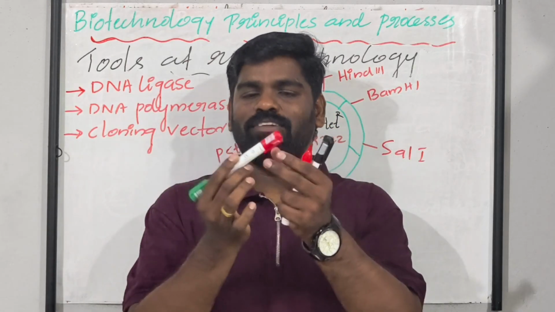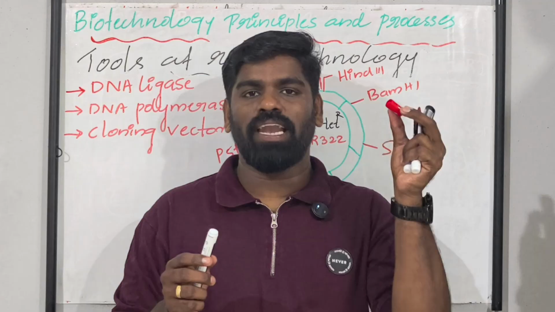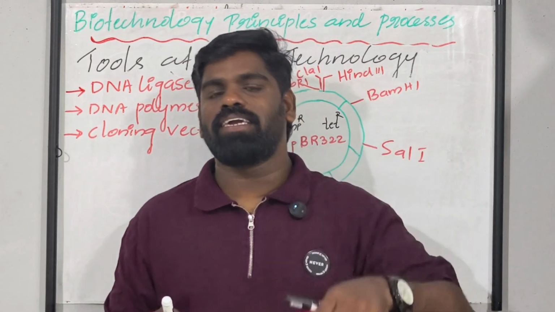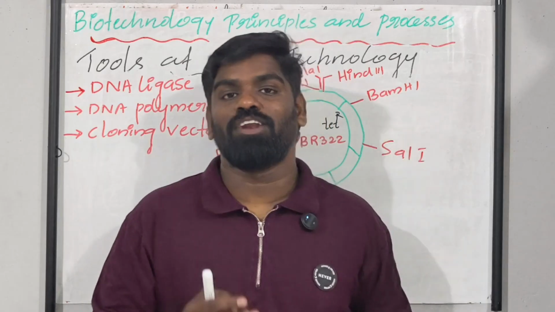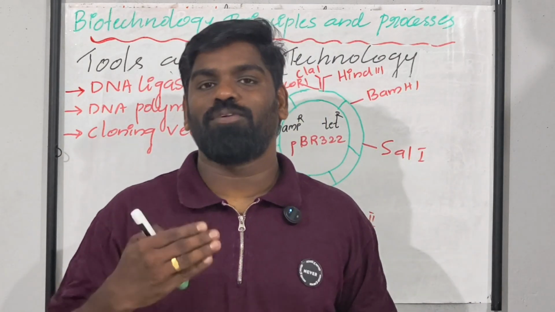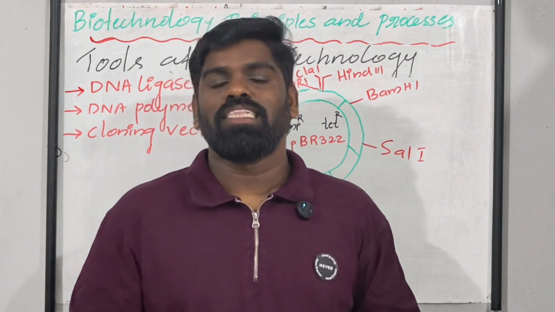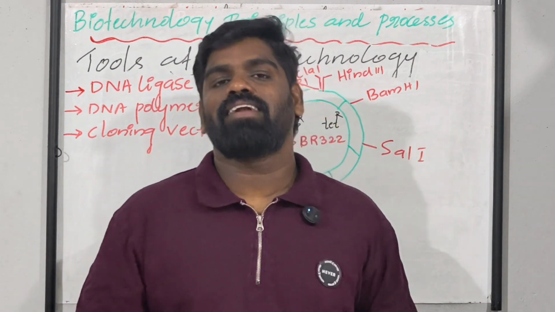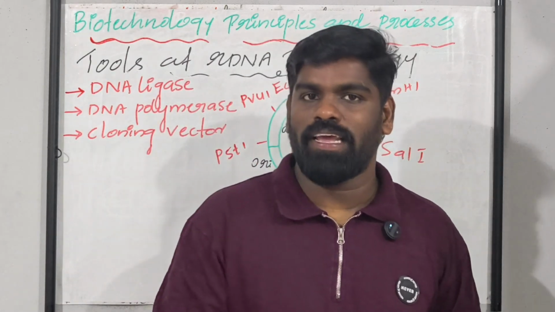Now just imagine that for carrying this small piece of DNA, if we simply insert the DNA into the host organism, the host organism will not accept it. So we have to make a vector, a carrier. This carrier will transmit the small piece of DNA or the foreign DNA.